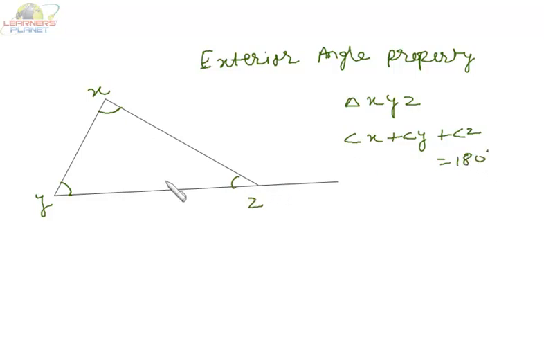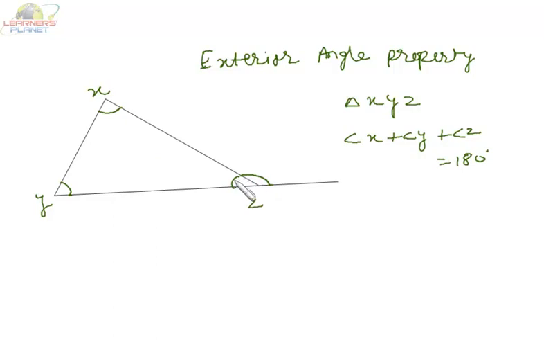Now we see this line segment YZ is extended. So if it is extended, we see one more angle is formed over here. This angle which is formed over here is called an exterior angle of this triangle.